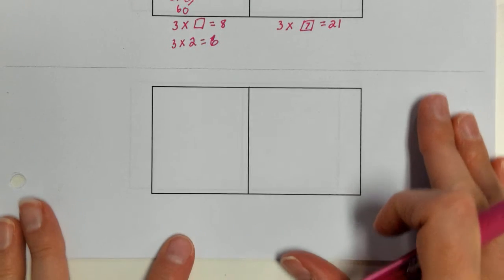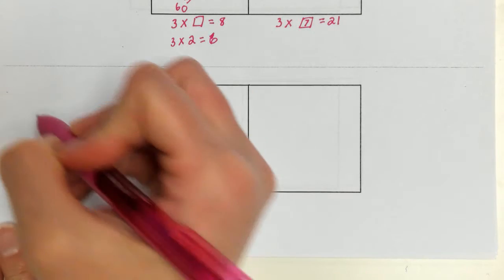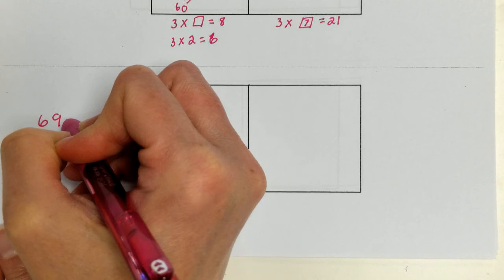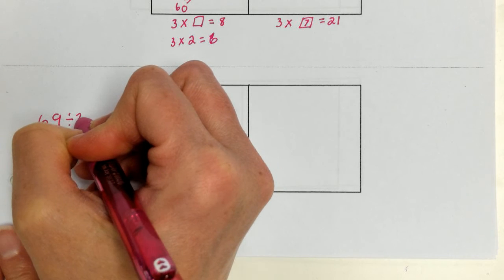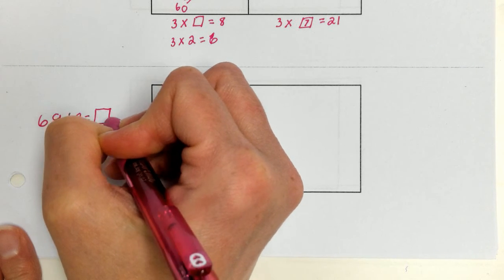That's okay. This is not easy stuff. All right. So, my next problem is 69 divided by 3.